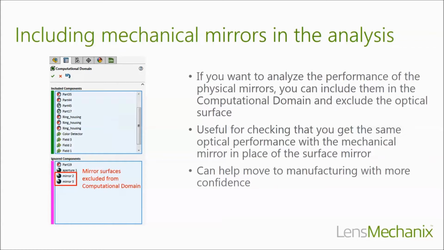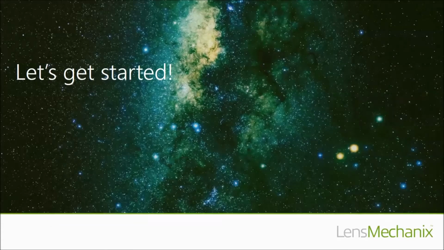This can be really useful for checking that the optical performance is still meeting the requirements. And it can also help you move one step closer to manufacture. If you are planning on creating drawings for these components, creating the actual mirror geometry is going to help you get an actual part and then make your drawings for that next step.